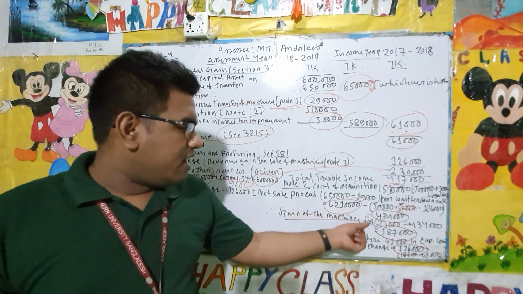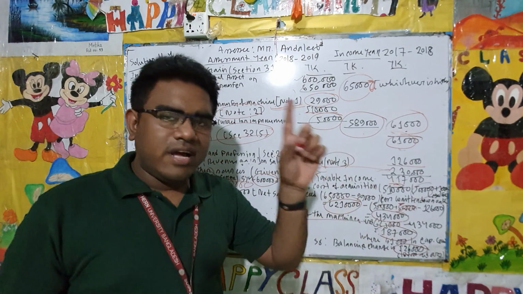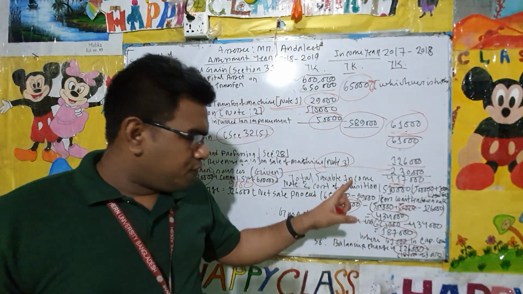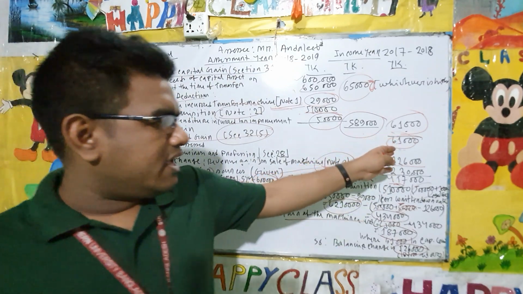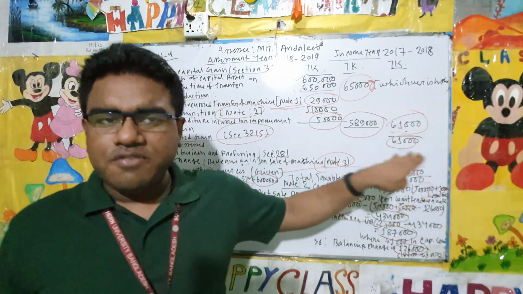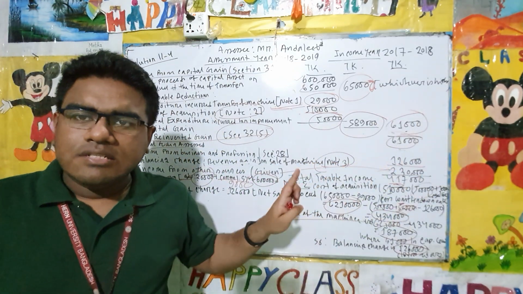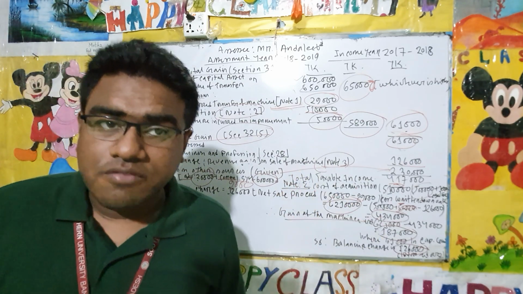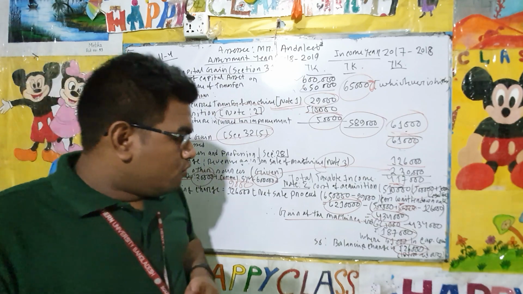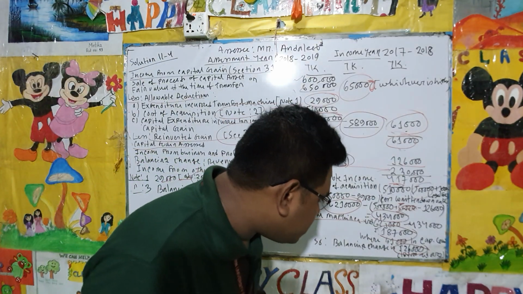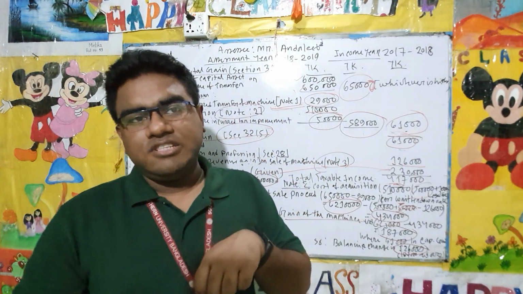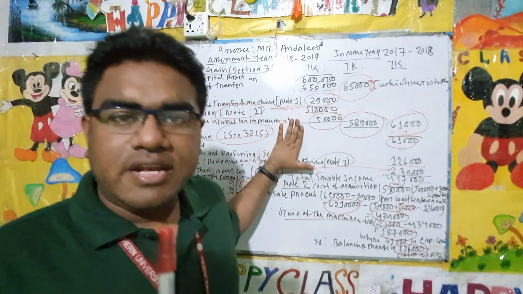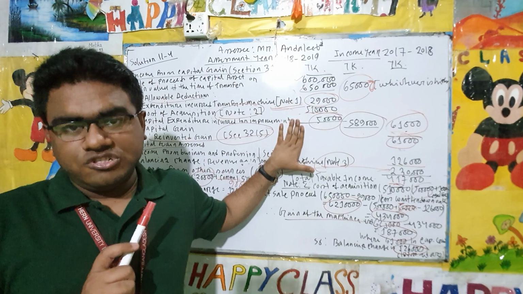So the final amount of the asset, 1,87,000, is the outstanding gain. If we deduct the capital gain 61,000 from 1,87,000, we will get 1,26,000, which is the balancing charge. So in this particular math, notes are important.